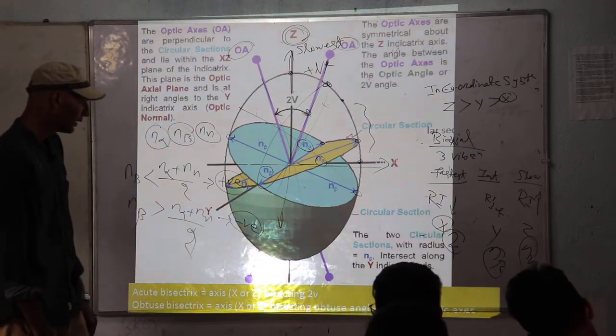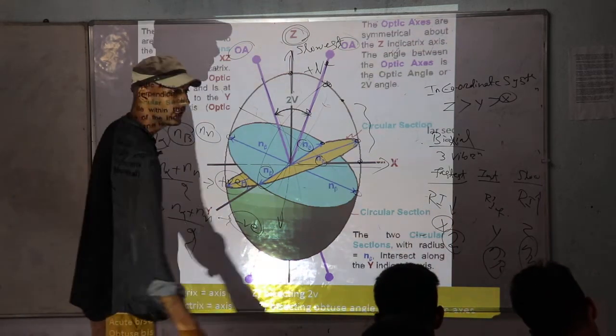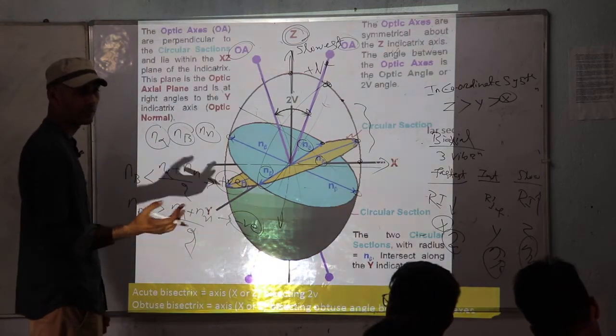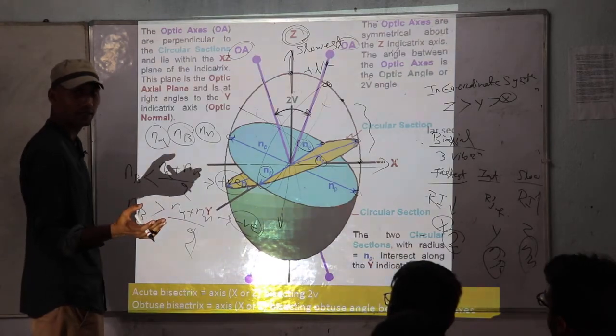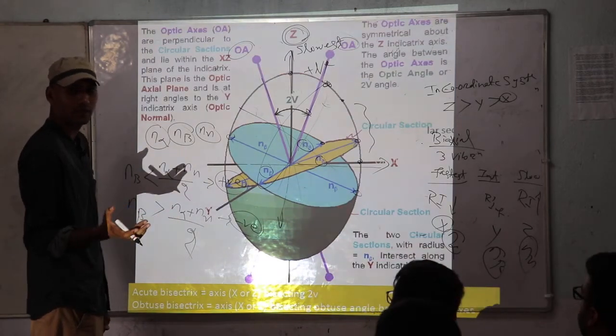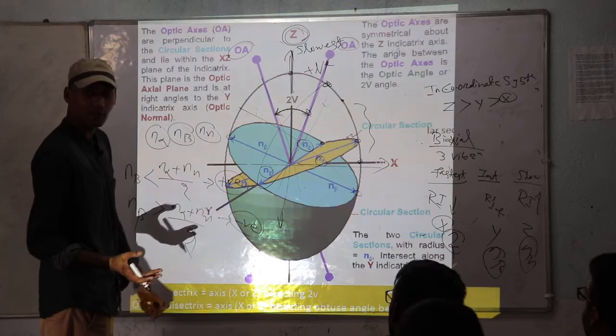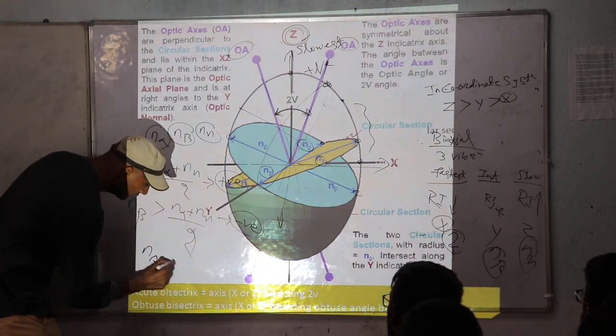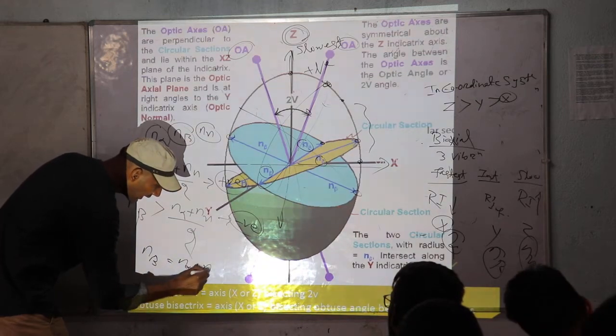Then some of you asked when the optic axes are perpendicular in a biaxial mineral. When will that be? When n beta is equal to n alpha plus n gamma by 2.